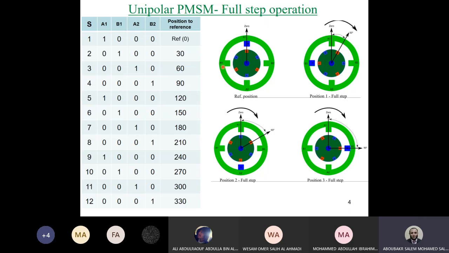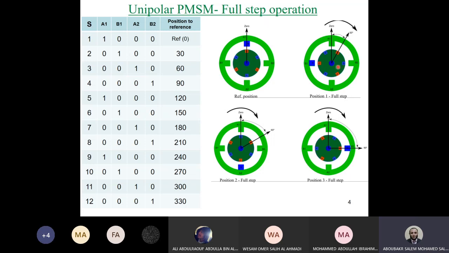So A1, B1, A2, B2, and so on. And if we supply the poles or energize the machine in that direction, counterclockwise, we expect that the motor will move in the clockwise direction, as happened in the first case.